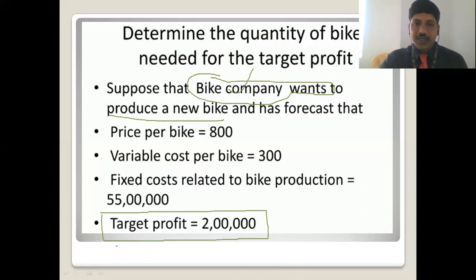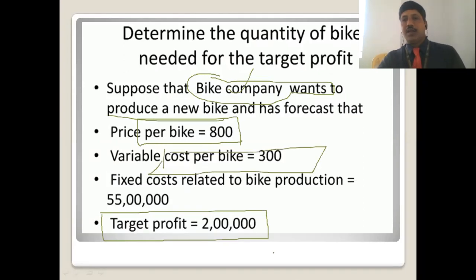And the company has estimated that the price per bike was 800 and the cost per bike was 300. So this is the data given.